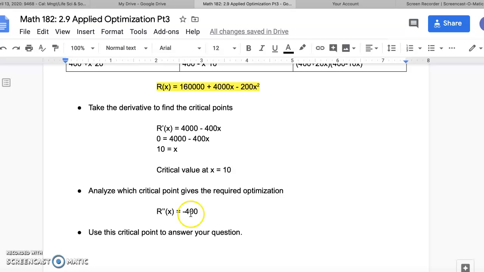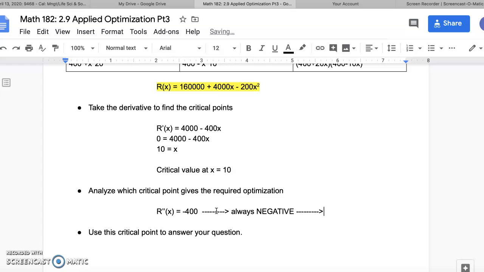Now we would want to plug in our critical value into this second derivative. But notice, in this specific case, this is always going to be a negative 400, no matter what we plug in, because there's no x value there.